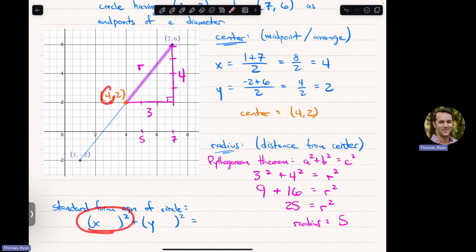In here, we put the x coordinate of the center, and if you want, you can think of that as a shift to the right by 4 from the origin. So (x minus 4) squared, plus similarly (y minus 2) squared equals the square of the radius, so 25. That's the equation of the circle.